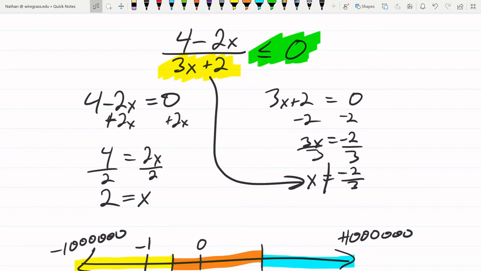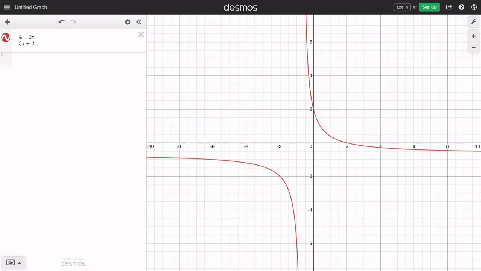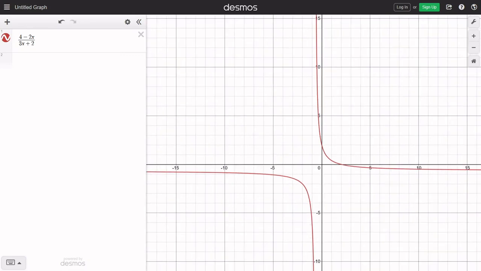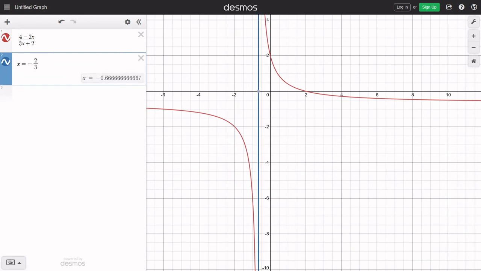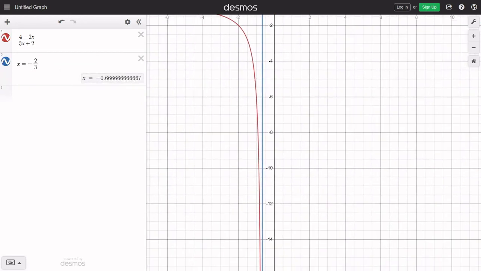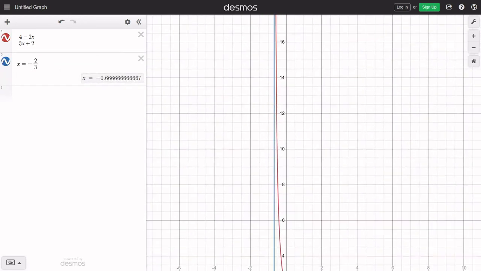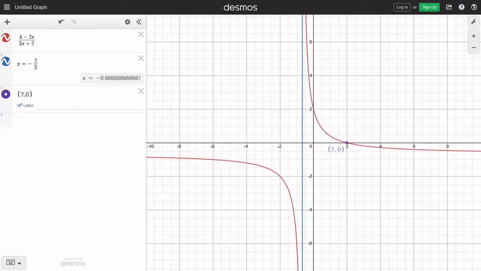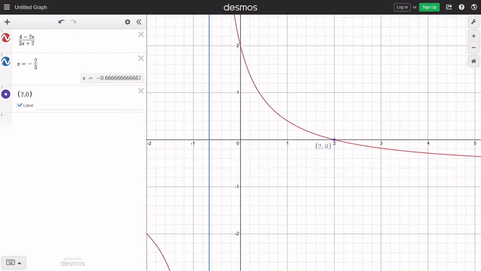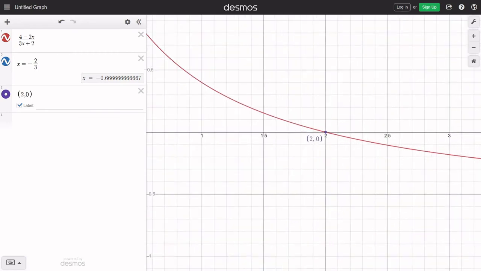I just want to graph this one real quick so you can see what it's kind of looking like, what we're dealing with here. This is our rational function. You can see if I make x equal to negative 2/3, that is the asymptote here. You can see that's where the graph is asymptoting to. That's why it's called an asymptote. The coordinate 2, 0 is the 0 that we found, which is where the function changed from positive to negative.